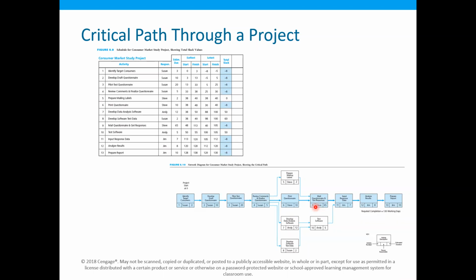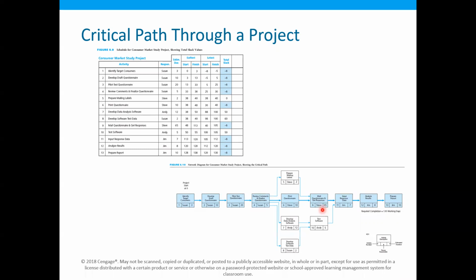The project team may think that perhaps we can expedite this work, giving the responders less time to answer the questionnaire. Instead of taking 65 days, we can complete it in 55 days.